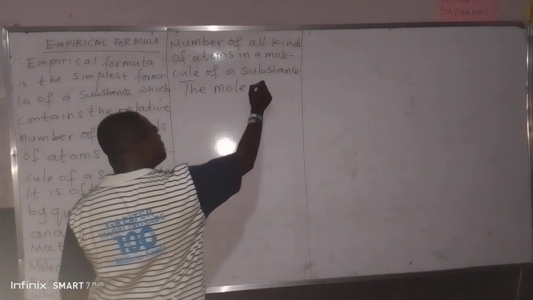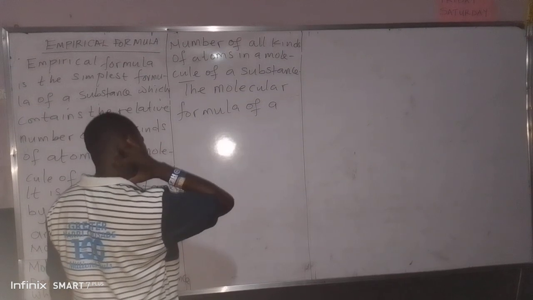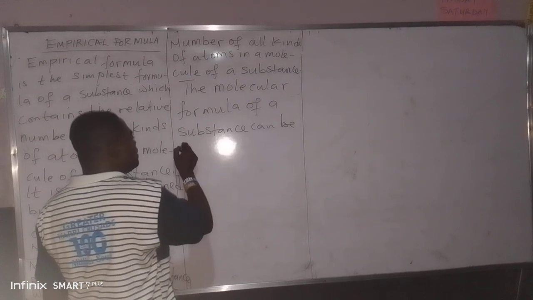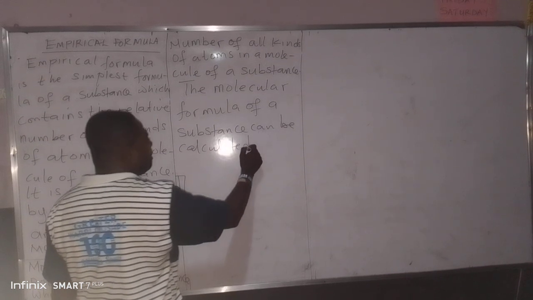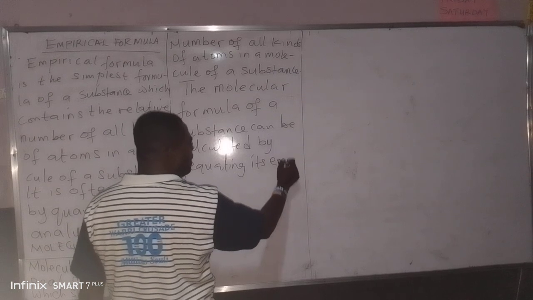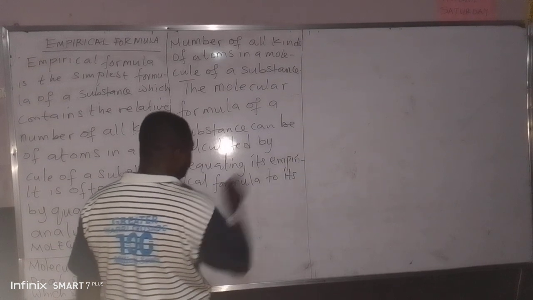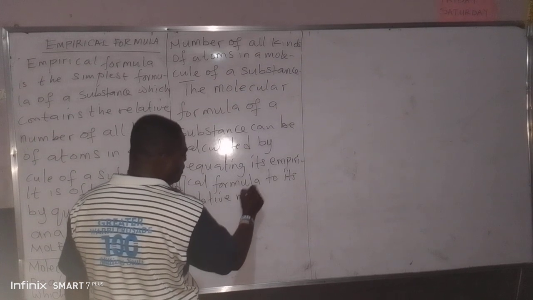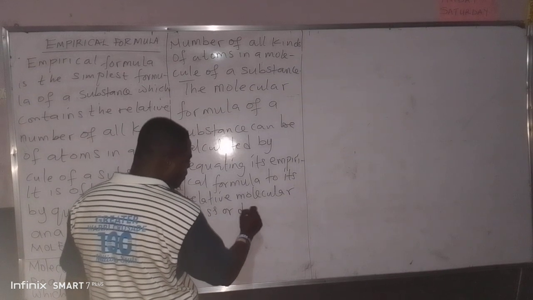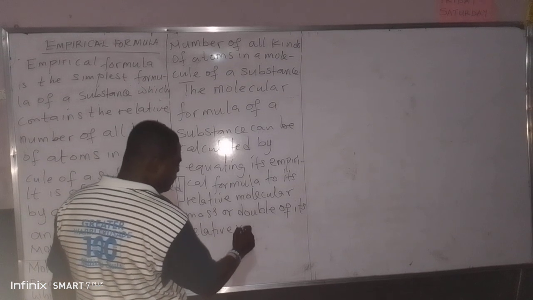The molecular formula of a compound or of a substance can be calculated by equating its empirical formula to its relative molecular mass or double of its relative vapor density.